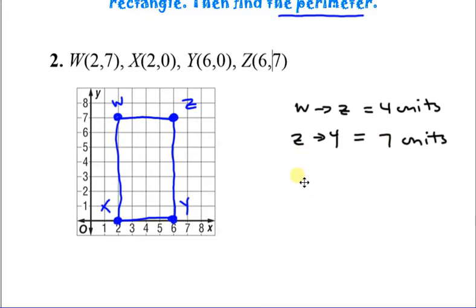And then we're going to have X to Y. That's going to be 1, 2, 3, 4 units. And then we're going to have X to W, which is 1, 2, 3, 4, 5, 6, 7 units.